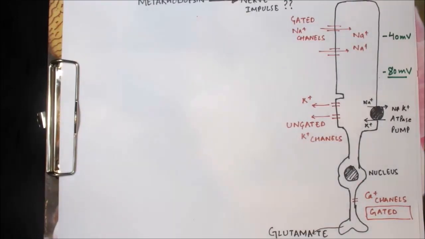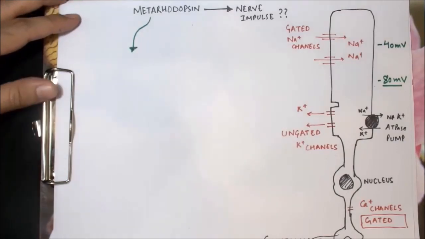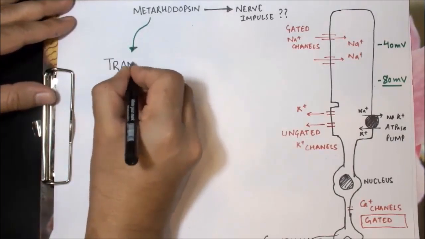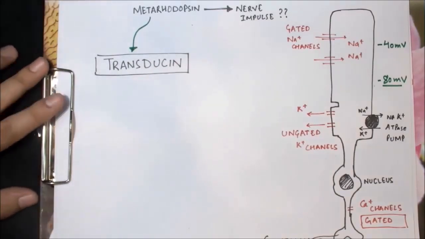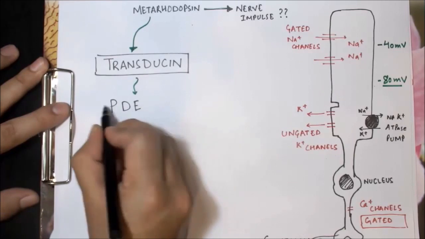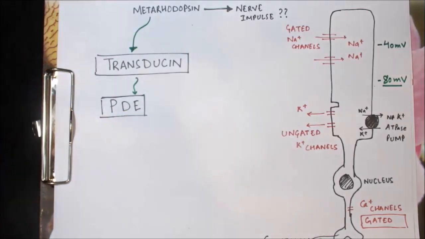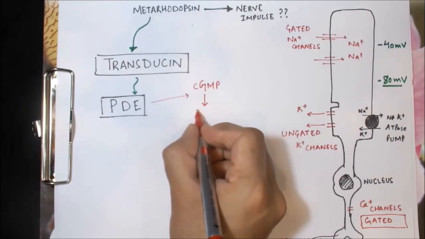Now what happens is that the metarhodopsin stimulates transducin. The transducin stimulates the phosphodiesterase enzyme, and phosphodiesterase converts cyclic GMP into 5'-GMP.